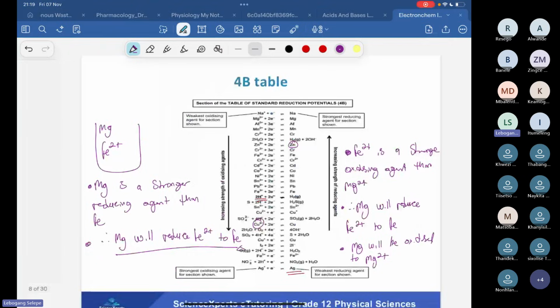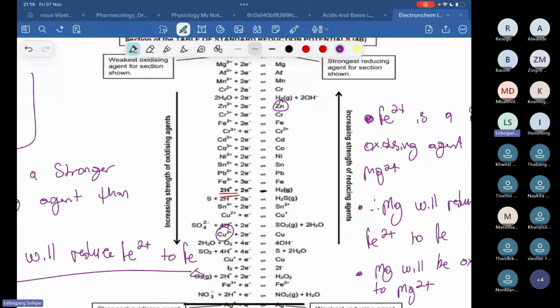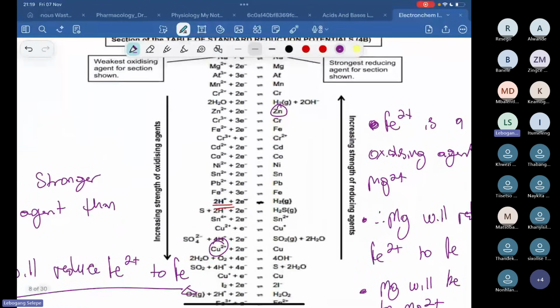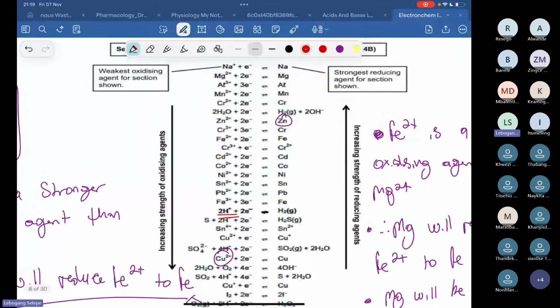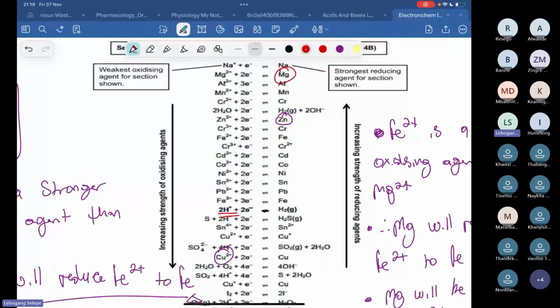Let's say I have a galvanic cell where my substances that are reacting are Zn and copper. And on another galvanic cell, I have Mg and copper.